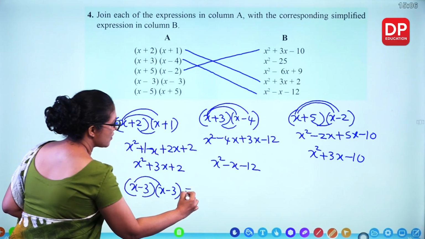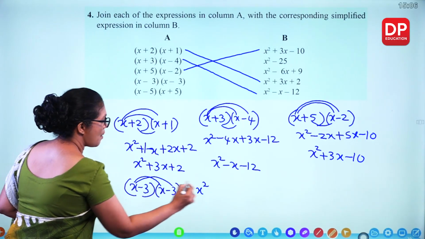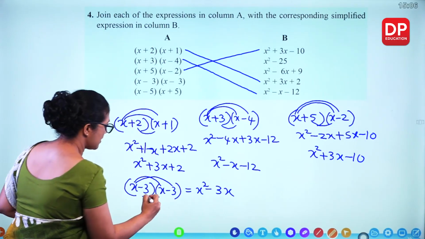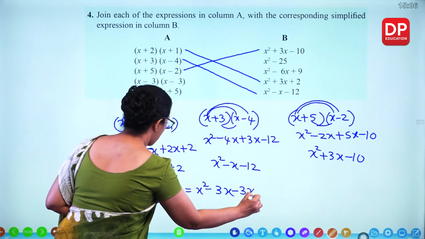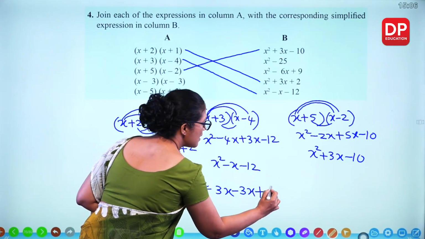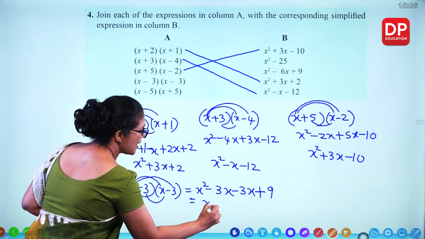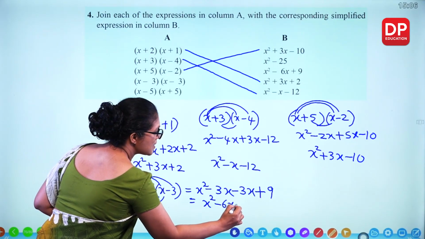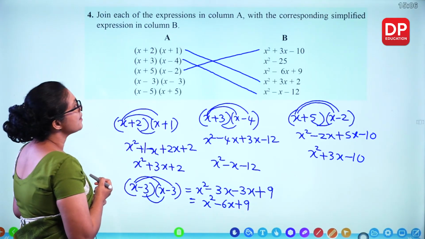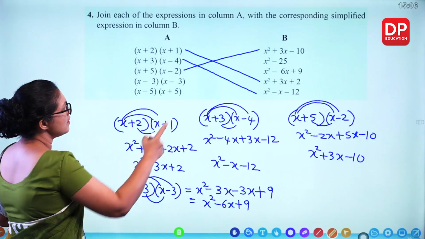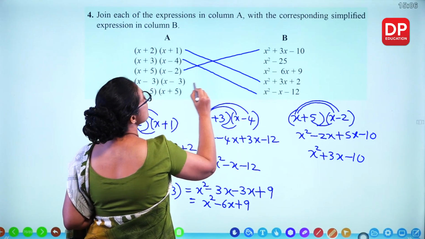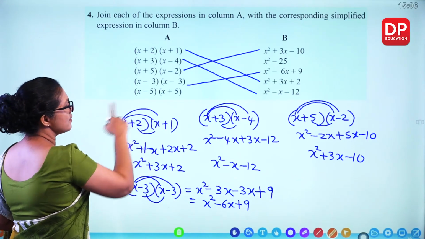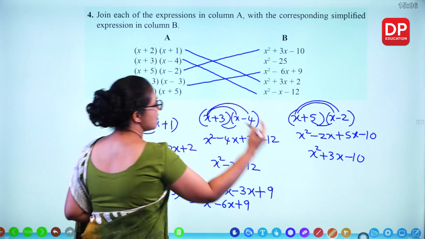You get x squared minus 3x and plus 9. So what you get? x squared minus 6x plus 9. Whereas that one here. So you can connect that one. So last one should be this one.